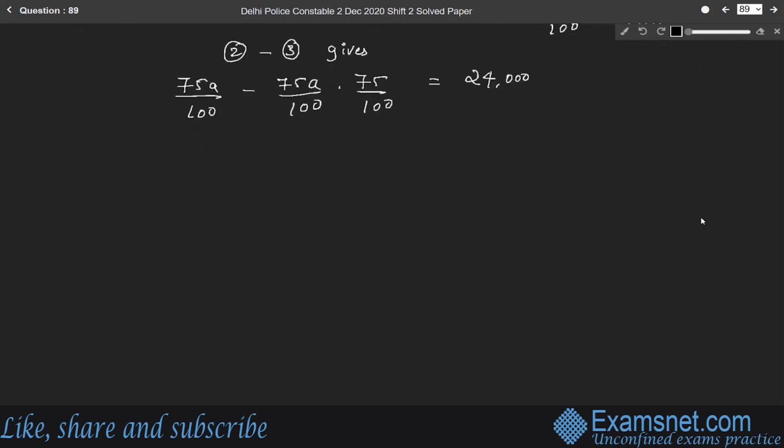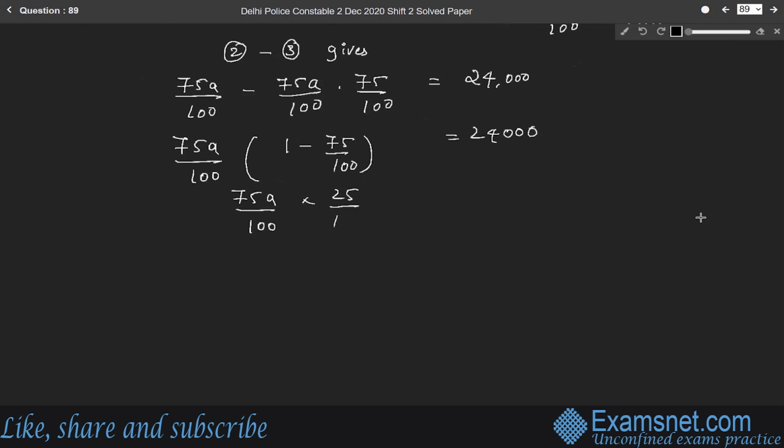So let us simplify it. Taking 75A by 100 common, here 1 minus 75 by 100 is equal to 24,000. So 75A by 100 into 25 by 100 gives 24,000.